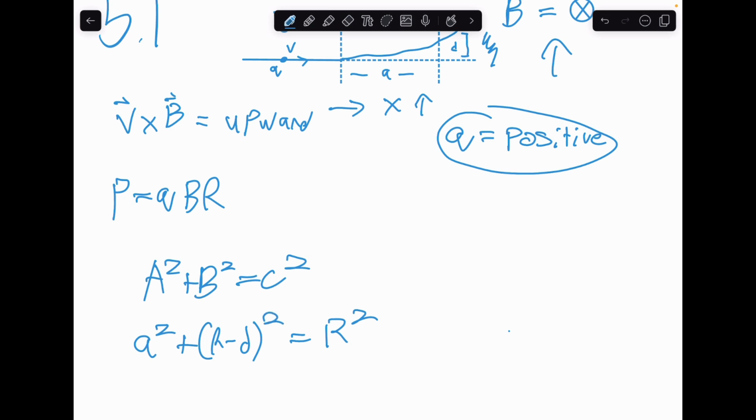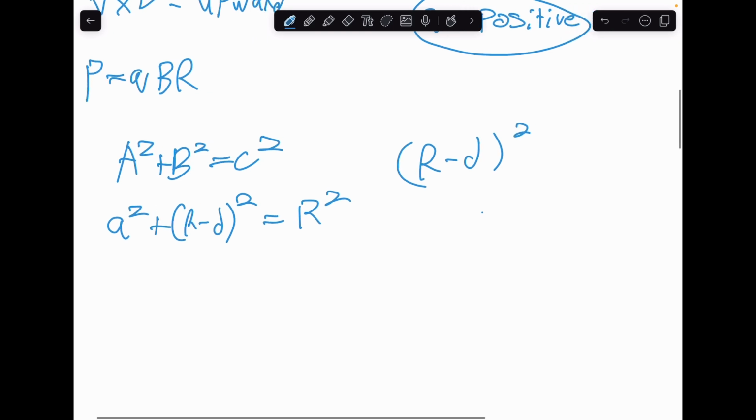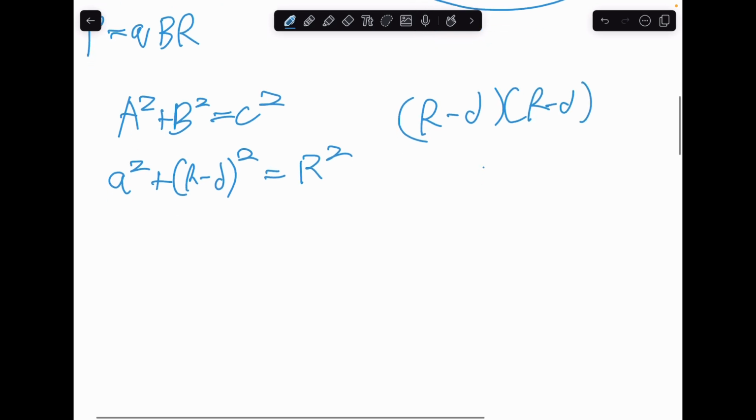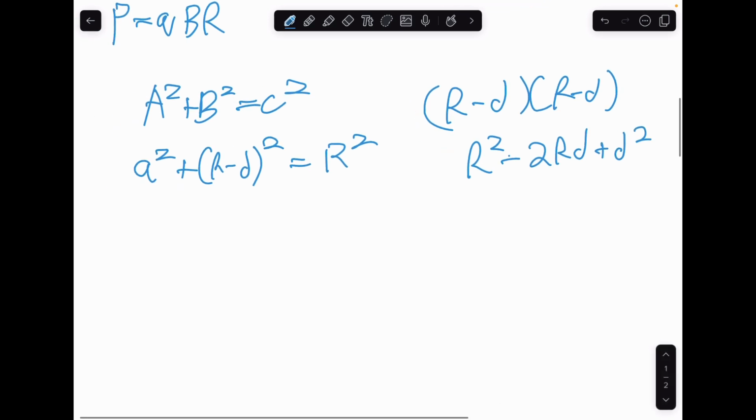Oh, and squared. Okay. I'm going to go ahead and do the FOIL of R minus d over here, and then I'll plug it back in the problem just so I can show this step of math. So R minus d squared turns into R squared minus 2Rd plus d squared, and we can plug that one back in.